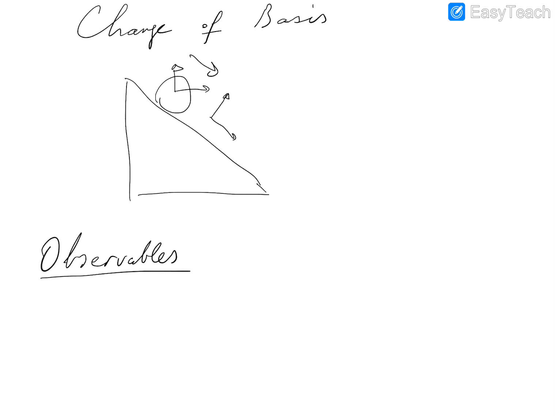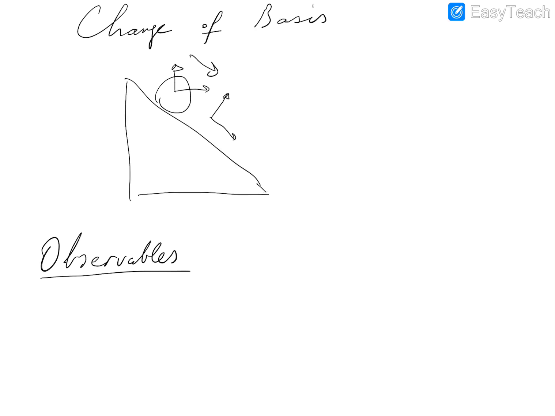It's straightforward to define observables in classical physics. An observable is a quantity, like temperature, velocity, momentum, position, and so forth. But what is an observable in quantum physics? Well, a postulate of quantum mechanics tells us that for every observable, there corresponds a matrix called a Hermitian matrix.